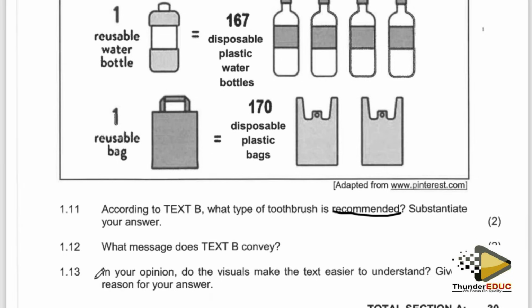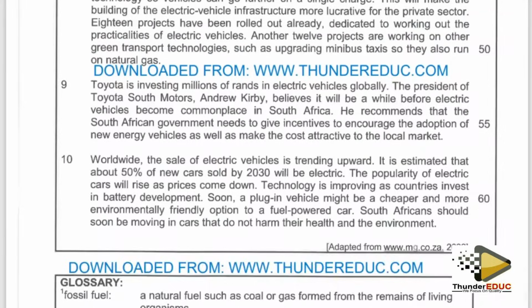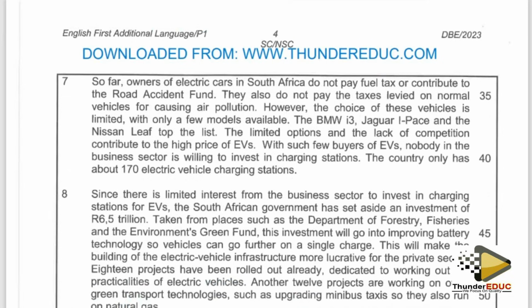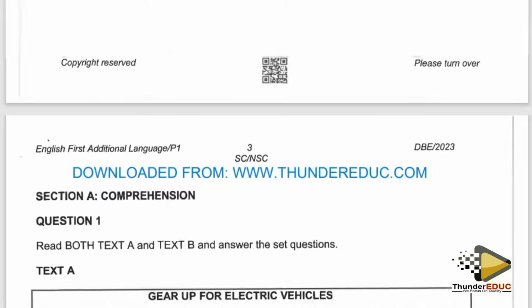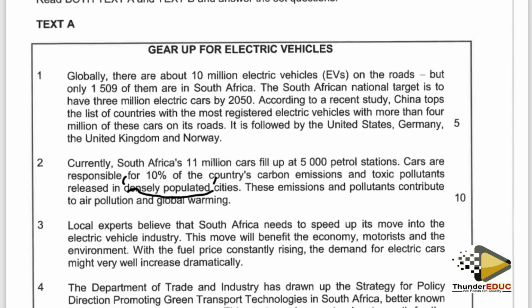In your own opinion, that is your own opinion. Do the visuals make the text easier to understand? Give a reason for your answer. Remember, we're talking about this text. When they are saying, does it make the text easier to understand, you are supposed to give us knowledge that you understand the text and that you know the reasons why we should be moving from things that are causing harm and using things that are not polluting the earth.